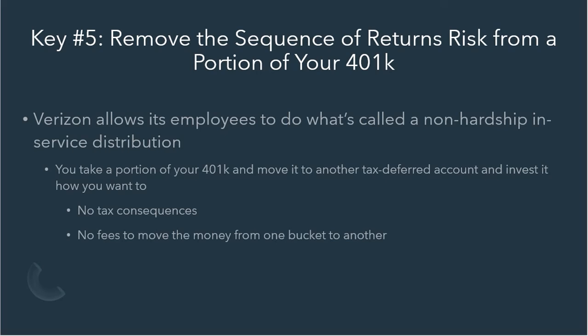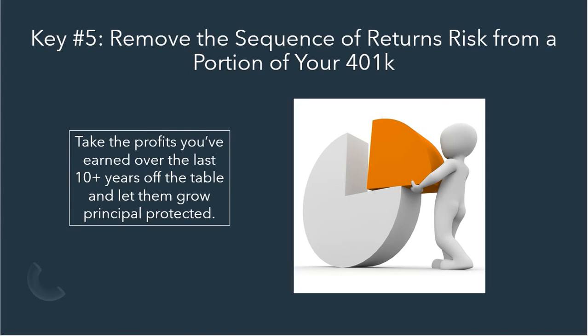So you can structure it in different investments with what they call portfolio insurance, which gives you stop losses if the market goes down a certain amount. And then there's what I'm going to talk about next, which is called equity indexed annuities. And so, you basically can take the profits that you've made for the last 10 years and protect those profits.